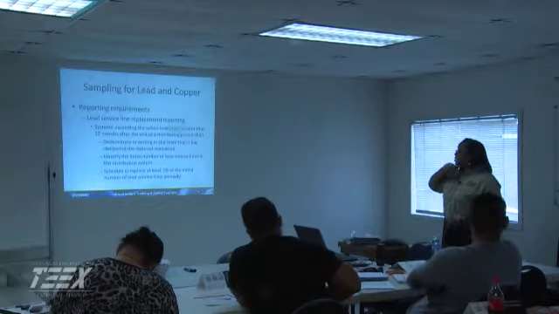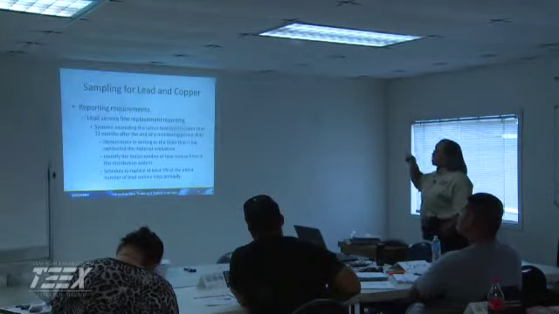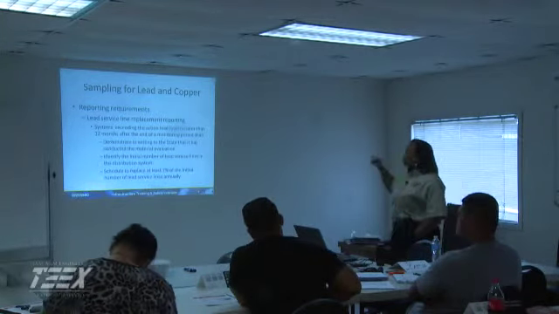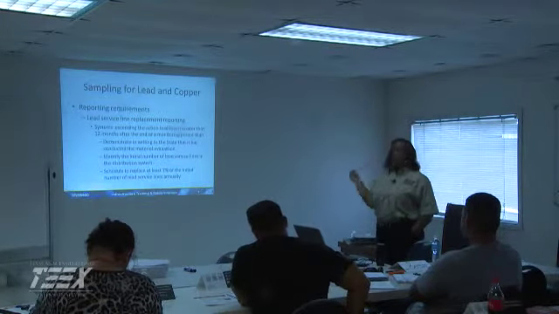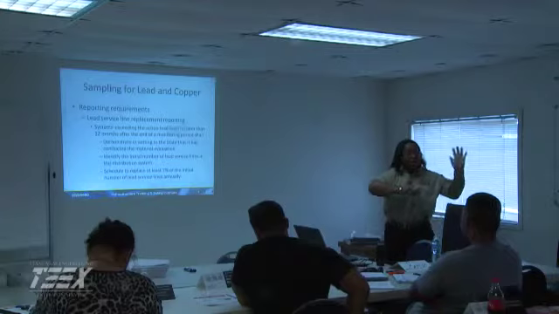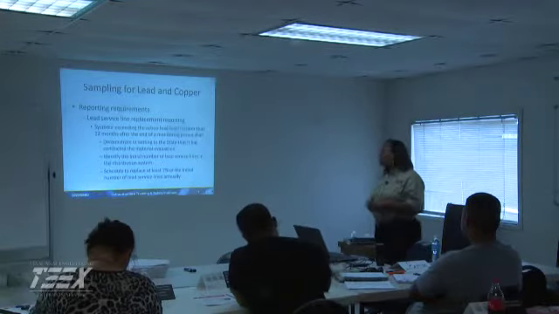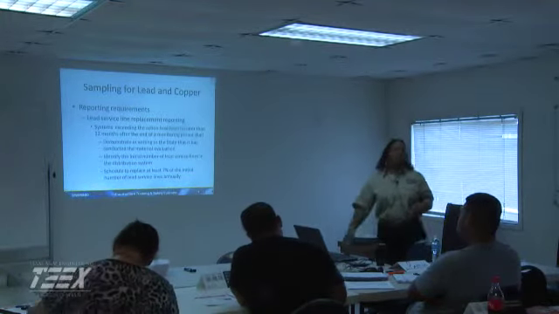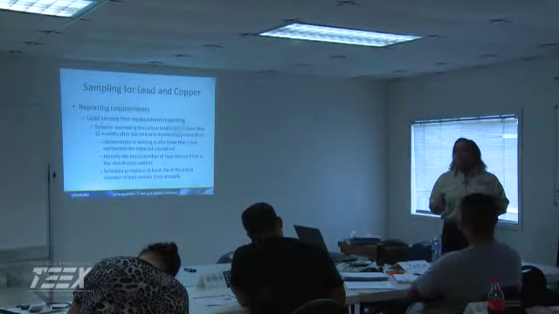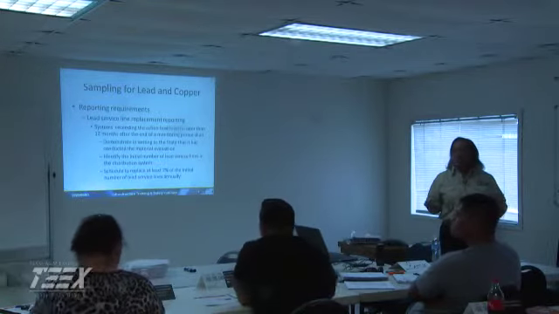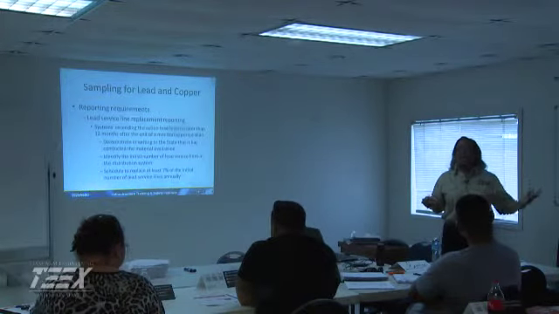So when your system exceeded the action level, no later than 12 months after the monitoring period, you have to demonstrate that you have conducted the material evaluation, you know where your lead service lines are, and that you've scheduled to replace that minimum of 7%. Did you all have to do any line replacement initially that you can remember? Don't have any. Cool.